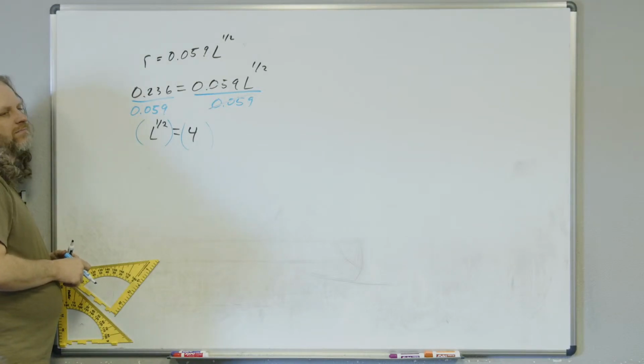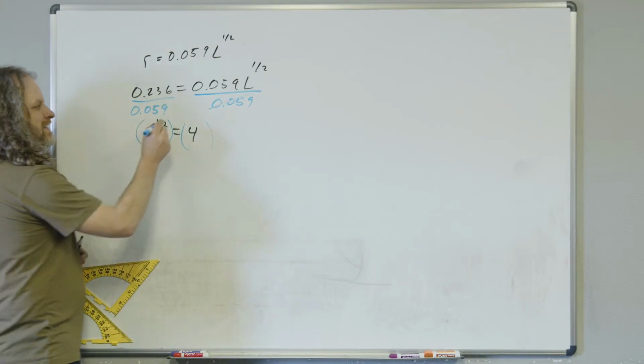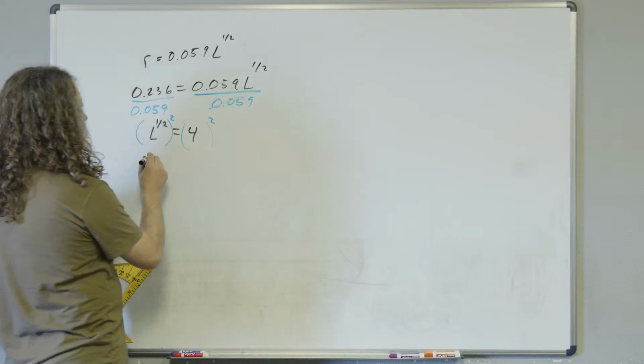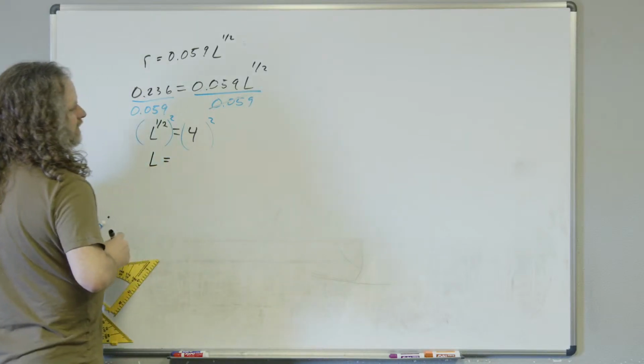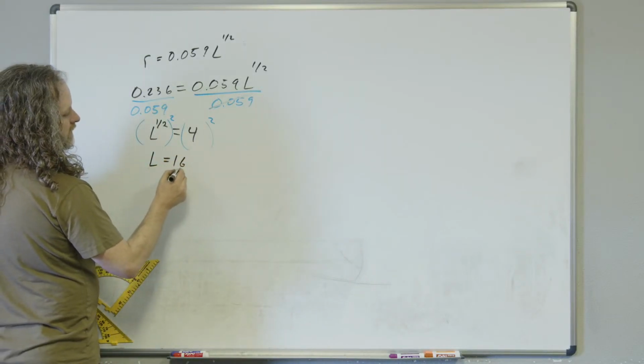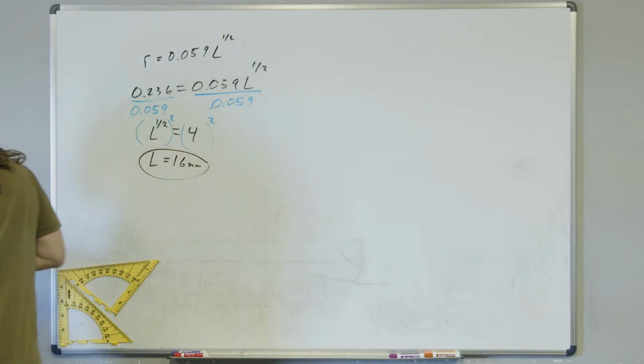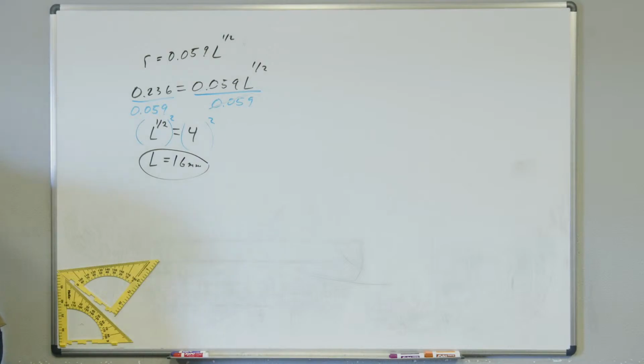I don't think so. What would get rid of this? If we square both sides, right? 16 millimeters, right? Millimeters, is that right? Or am I wrong? Oh, nope, just kidding. Oh, no, wait, I'm looking at the wrong thing.